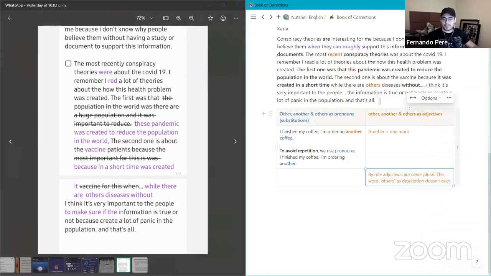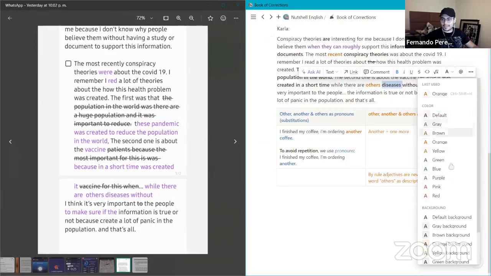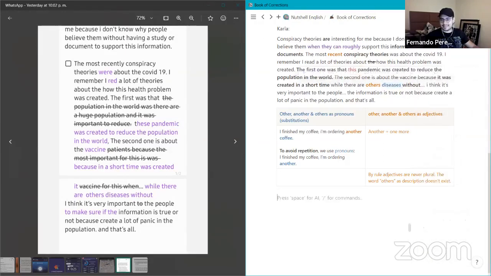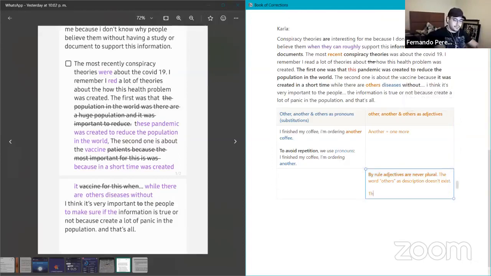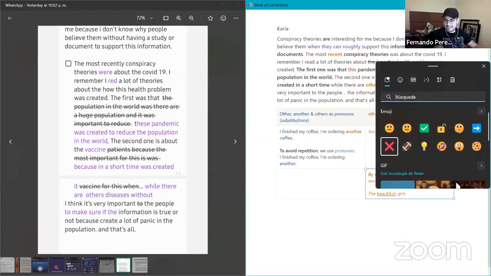And this is when we link the following statement. We cannot say "the others diseases," because by rule, adjectives are never plural. You never say "the beautifuls girls." Do you agree?